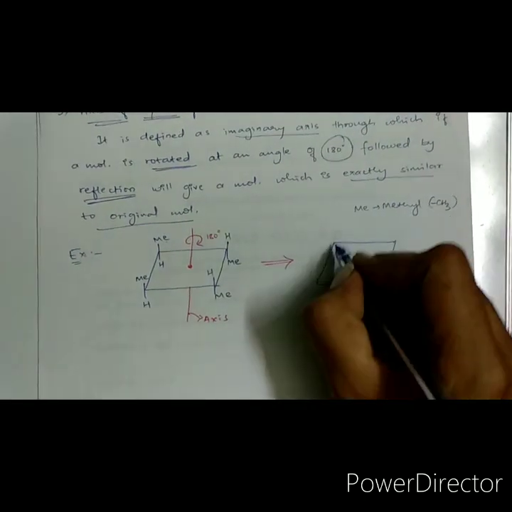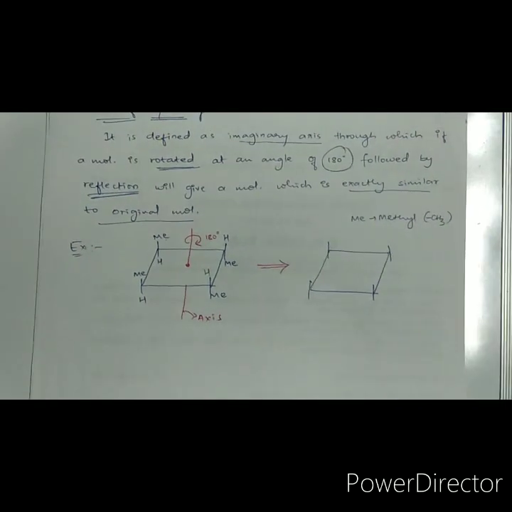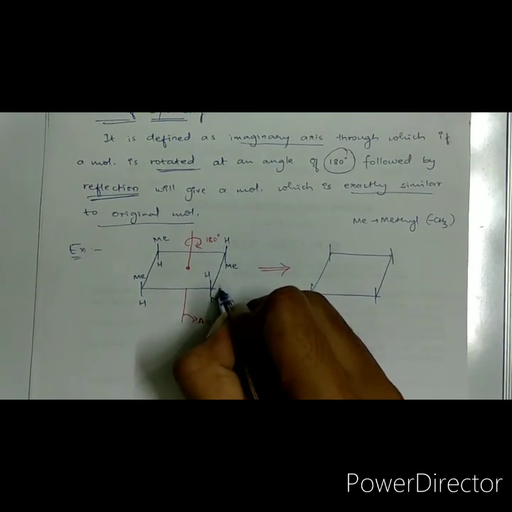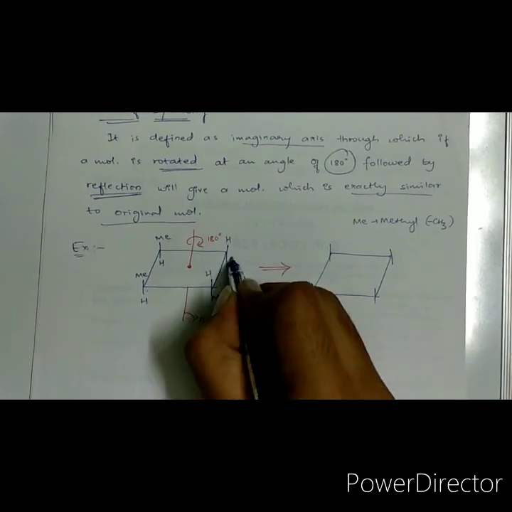So if we rotate it by 180 degree, after rotation, if we rotate to this much, this will give 90. Again we have to rotate up till here, so you will get 180. So this will come this side.